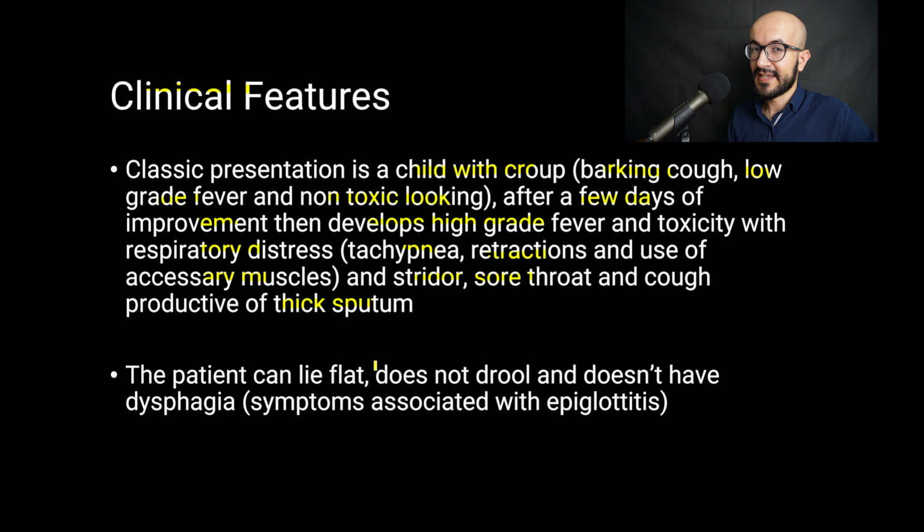Now in bacterial tracheitis, the patient can lie flat and does not drool and doesn't have dysphagia, and those are symptoms associated with epiglottitis. So these symptoms are not present in bacterial tracheitis, they are only present in epiglottitis.